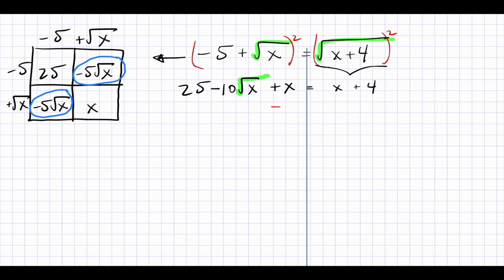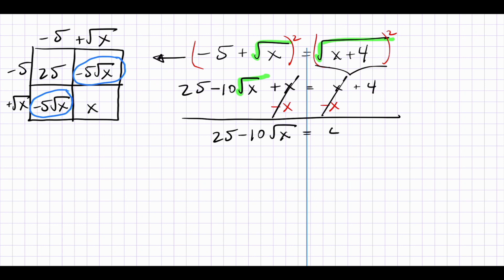So I'm going to subtract x from both sides to get the radical by itself. Then I'm going to subtract 25 from both sides.